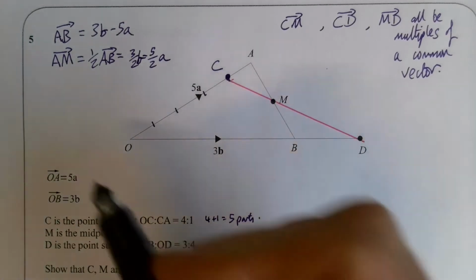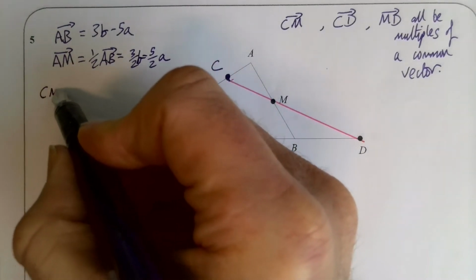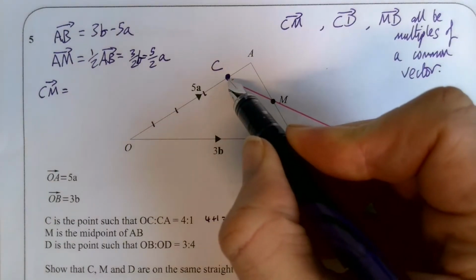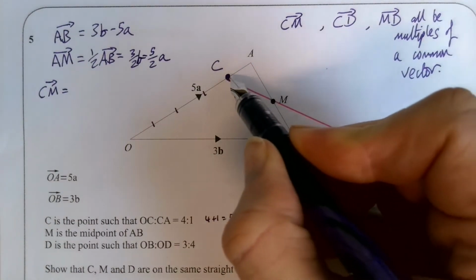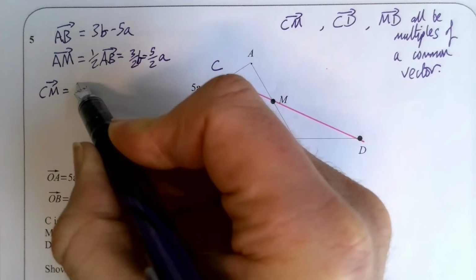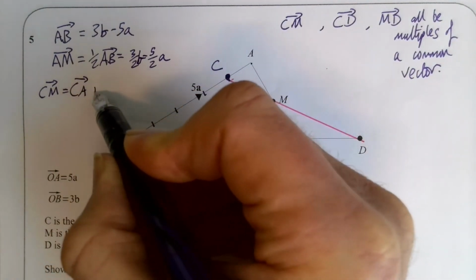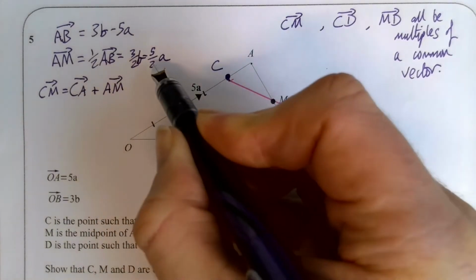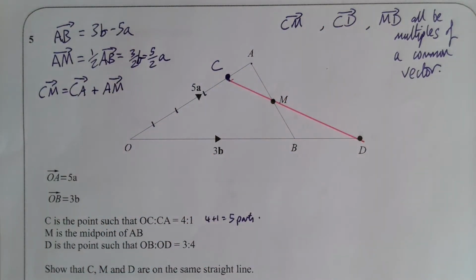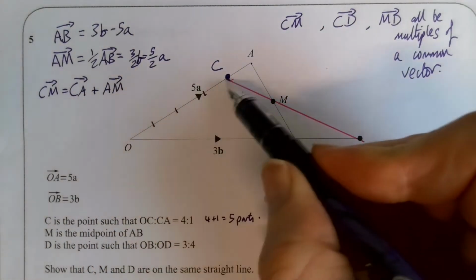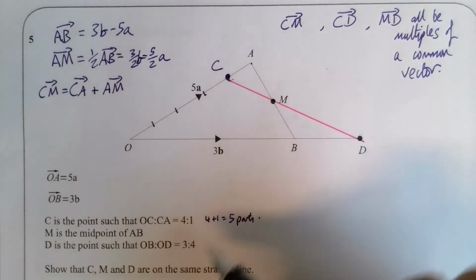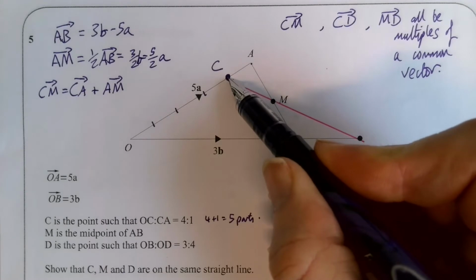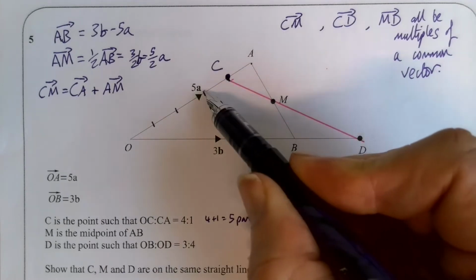Now C to M is going to be going from C to A, and then adding to that A to M, and we've just worked out what A to M is, tricky as it was. Now C to A is pips, because we've got 5 equal parts there, and C is 4/5 of the way up of 5A.